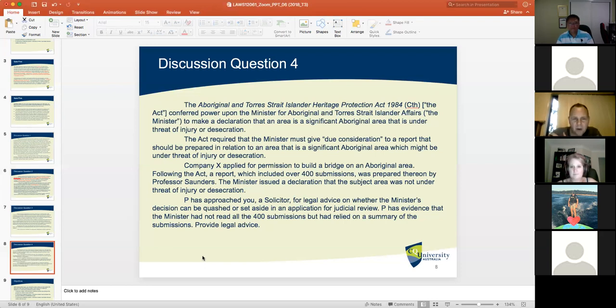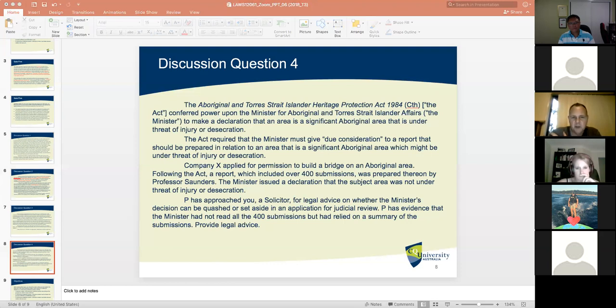The Act required that the Minister must give due consideration to a report that should be prepared in relation to an area that is a significant Aboriginal area and may be under threat, injury or desecration. Company X applied for permission to build a bridge on an Aboriginal area. Following the Act, a report which included over 400 submissions was prepared thereon by Professor Saunders. The Minister issued a declaration that the subject area was not under threat, injury or desecration.